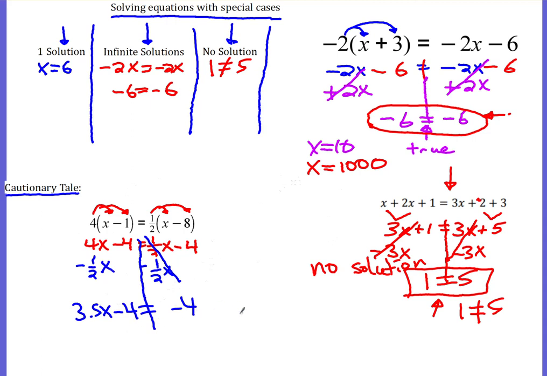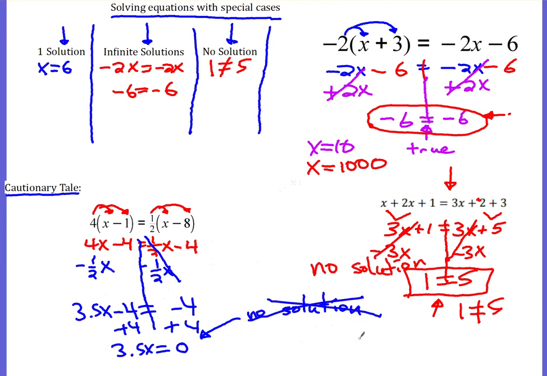All right, so now add 4 to both sides, and essentially I get 3.5x equals 0. And this is where the cautionary tale comes in, because a lot of you will come here and say, well, that has no solution. 3.5x can't equal 0.